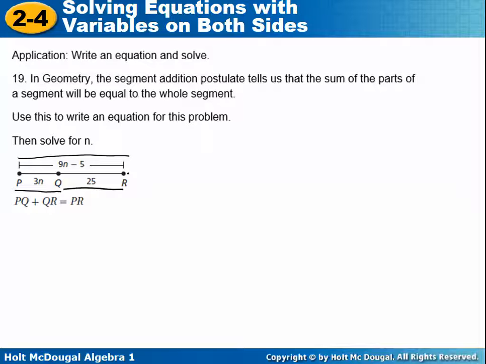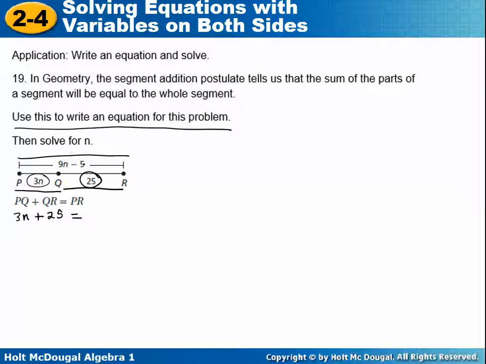That's all that's saying. So to write an equation for this problem, we're just going to substitute in the different expressions and write an equation. So PQ, the expression for that is 3n, so that will go here. QR's expression is right here, that's 25. And then our equal sign.